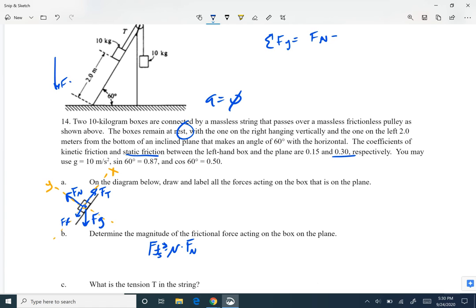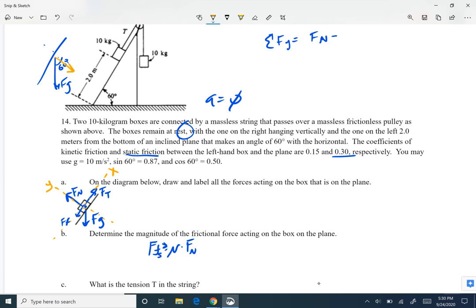So here's gravity, and here is our axis. This angle right here is 60 degrees. So the only component that I care about for the y direction is actually going to be this component here.